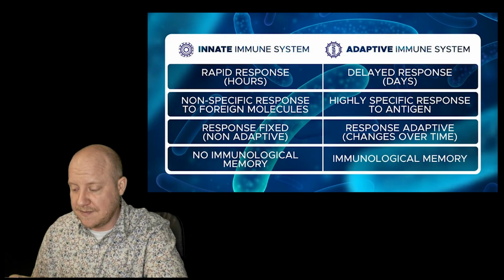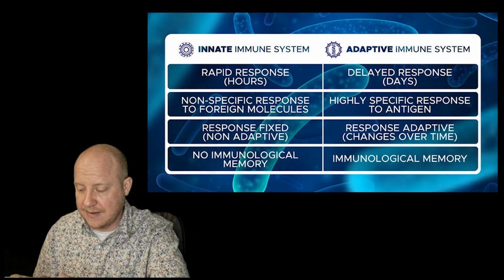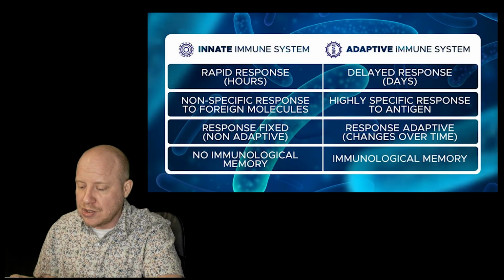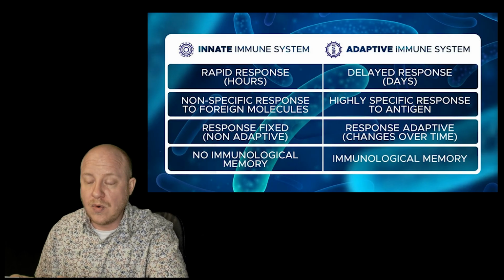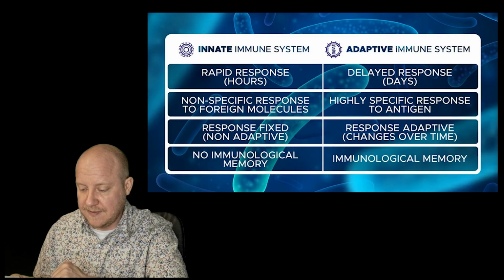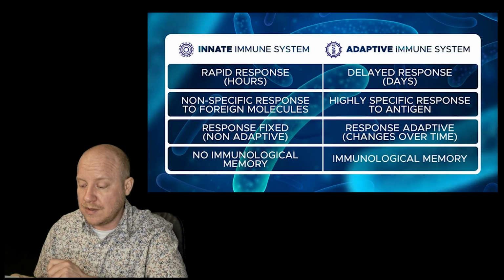Whereas the adaptive system responds in a specific way to particular pathogens, and it builds up a memory of pathogens encountered. So the immune response becomes more effective. Students are not required to know any components of the innate immune system other than phagocytes. Okay, so of the innate immune system, you need to know phagocytes.